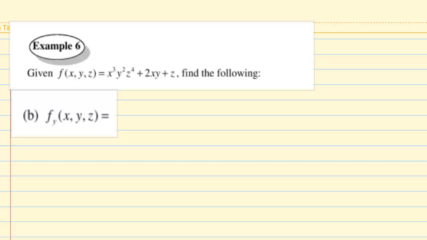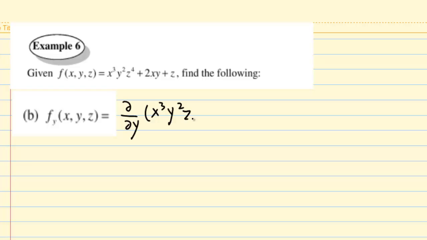Part B. Find the partial differentiation of f with respect to y. Since the function is a sum of three terms, this is the sum of partial differentiation with respect to y on x cubed y squared z power 4, plus the partial differentiation with respect to y on 2xy, plus the partial differentiation with respect to y on z.